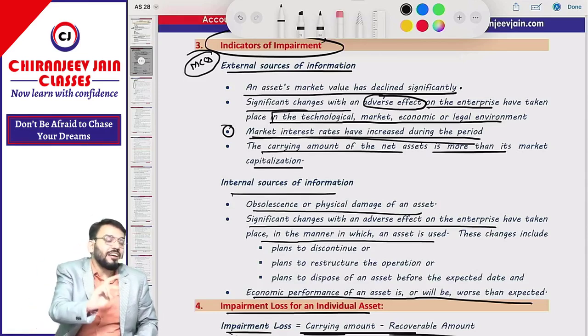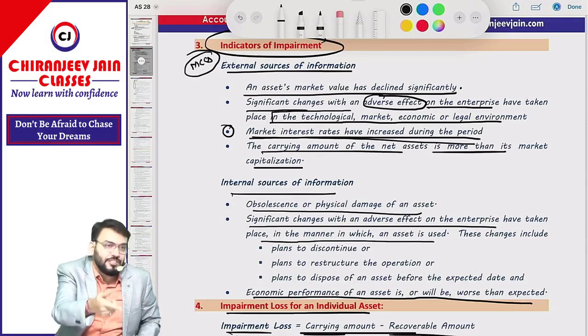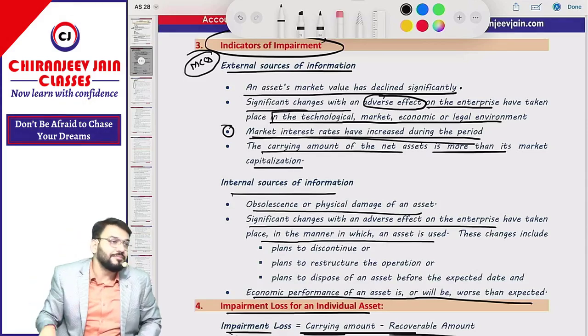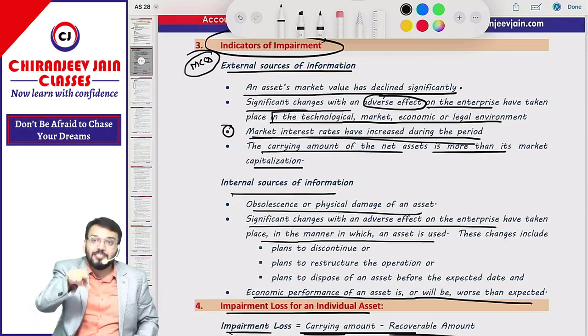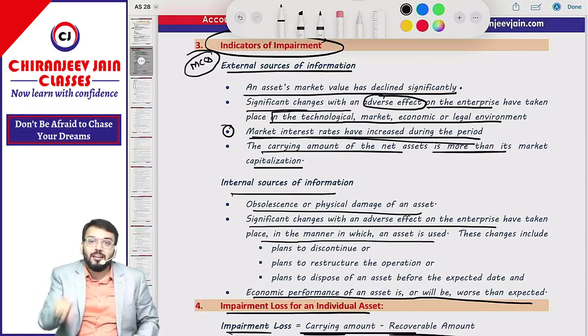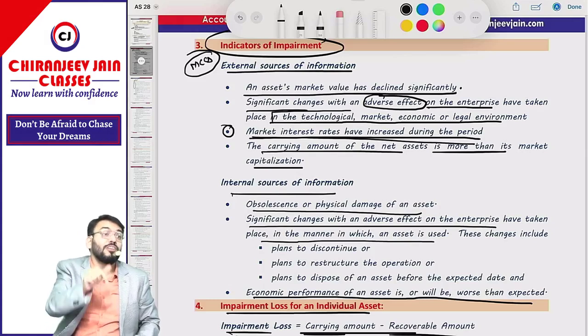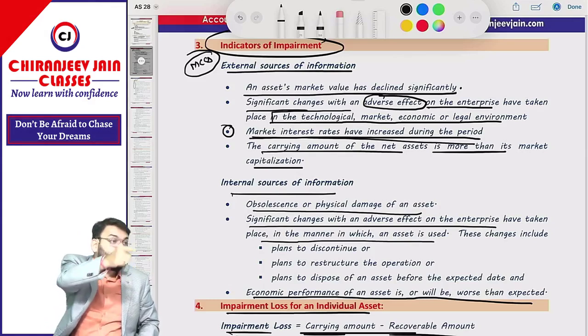Suppose you are calculating present value at 10% and you are calculating present value at 12%, which will be higher? 10% will be higher. Why? Because less discount, less interest in 10%. 10% means less interest, 12% means more interest. Are we getting it? If you are discounting at less interest, the present value will be more.